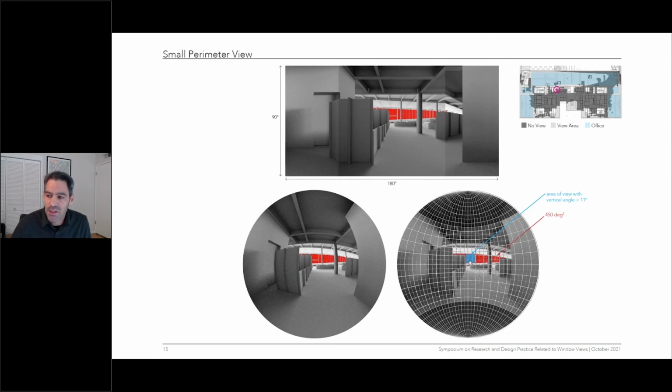And it was at this point that we reached the threshold of that vertical 11-degree linear angle, meaning that if you take one step back from here, LEED would no longer consider this a view. But by our solid angle method, we thought that this actually still had a pretty decent view. Not great, but probably acceptable and enough to provide a distraction to someone working in the space.